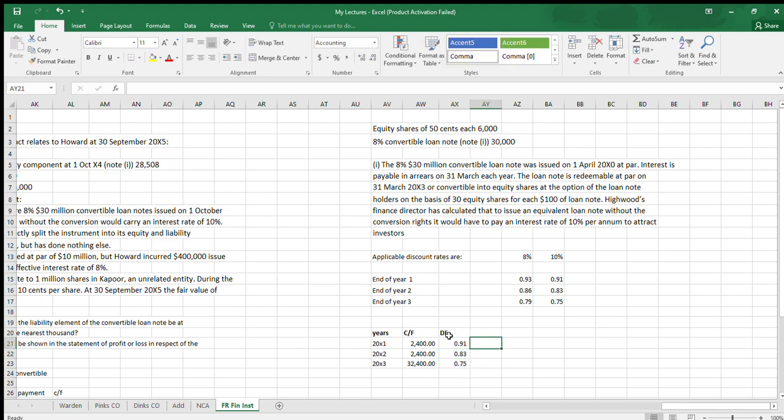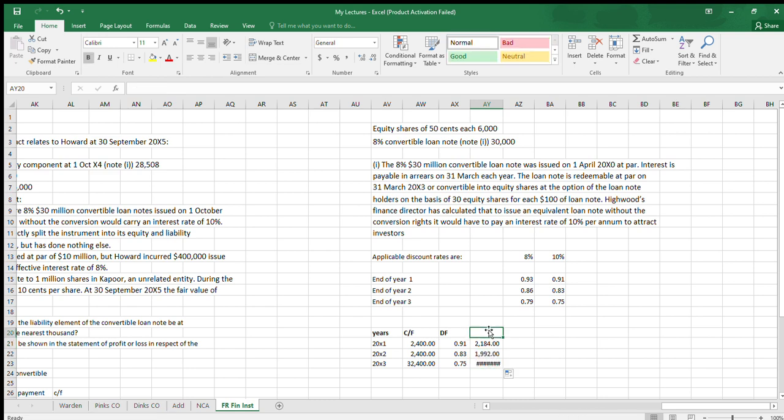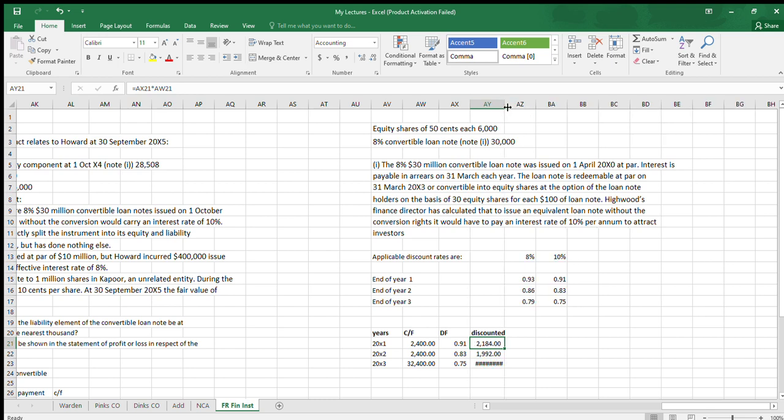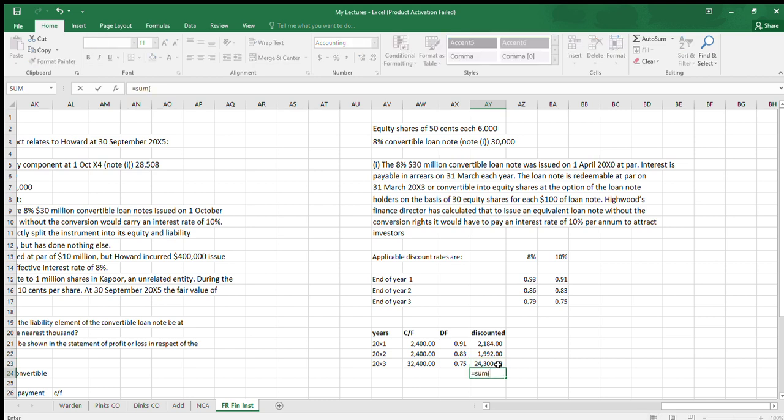You multiply them to get your discounted cash flow. Now from the question, you add them. After adding them, this will become your liability discounted.